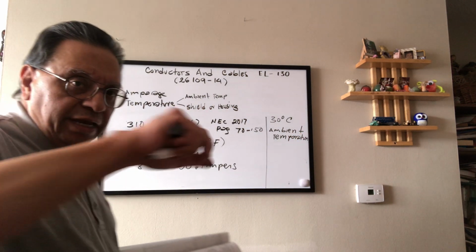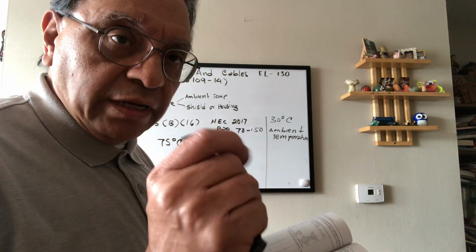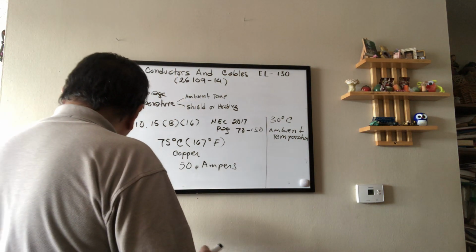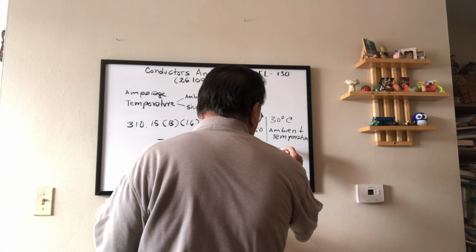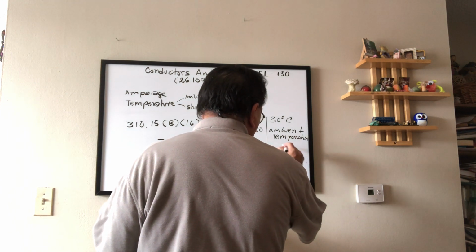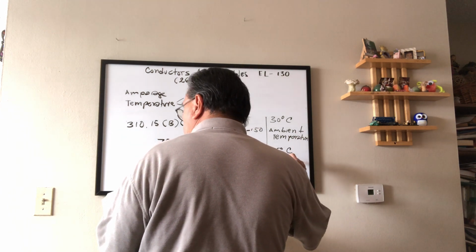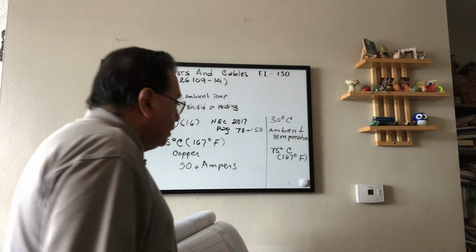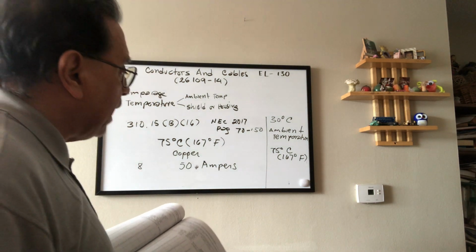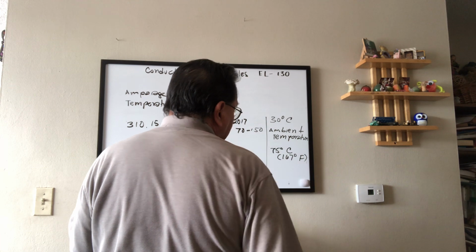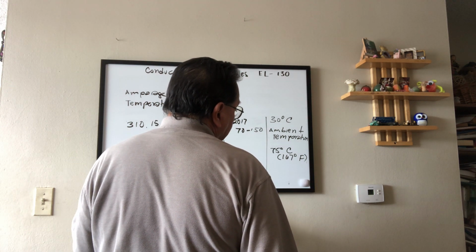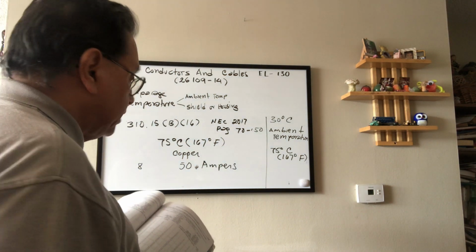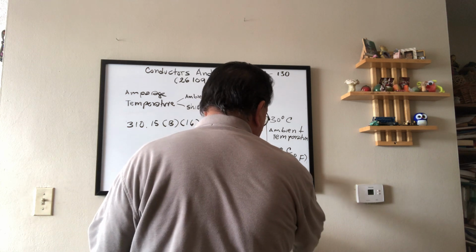And the material used to encapsulate, to house the electrical conductor, can support a maximum of 75 degrees Celsius or 167 degrees Fahrenheit. So we have a margin here of 45 degrees Celsius. And this is for 3 electrical conductors.